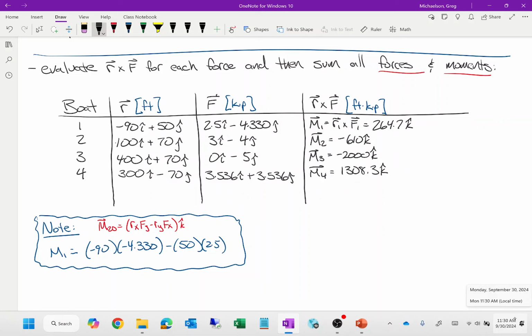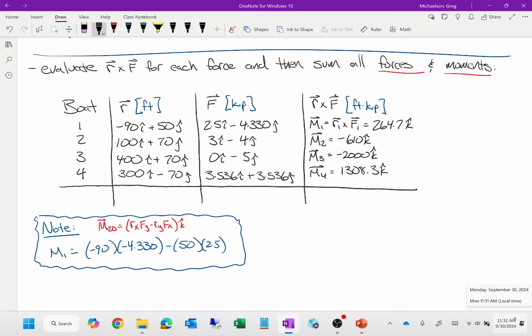Now, like I said, what we're going to do is sum these forces and sum these moments. So you could probably see I left myself a little space here on the bottom. Maybe I'll squinch this a bit. Okay.